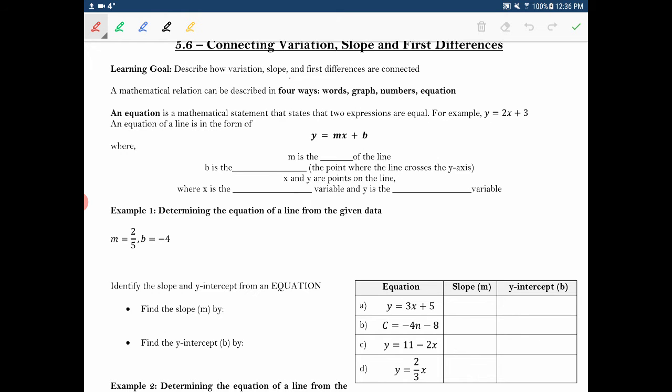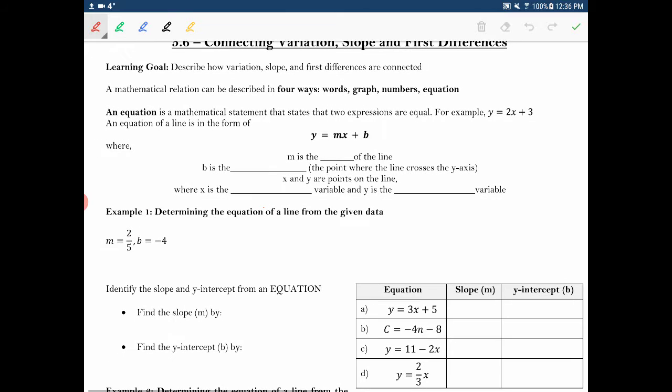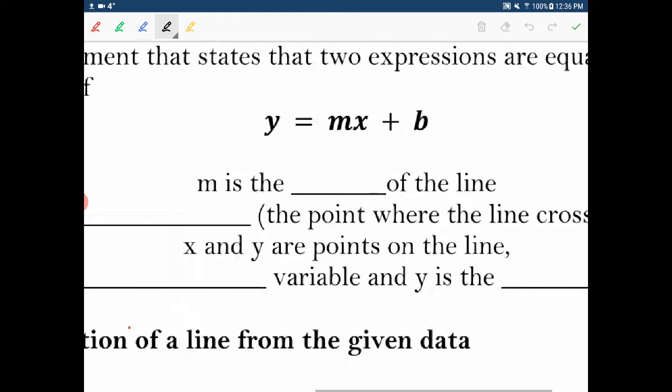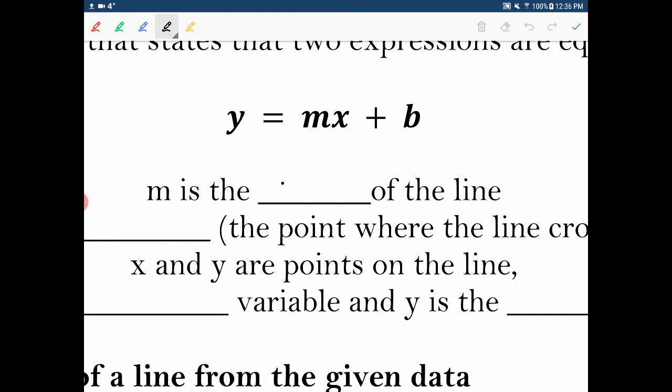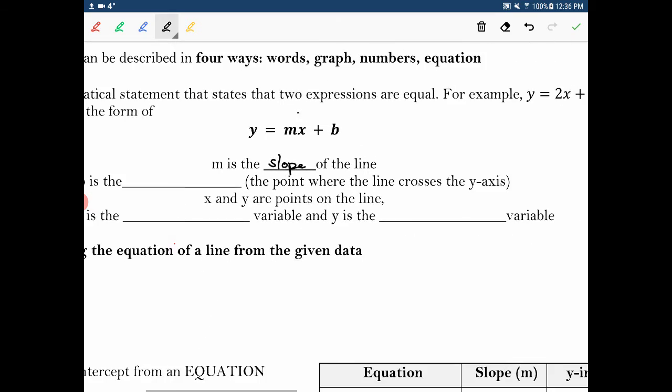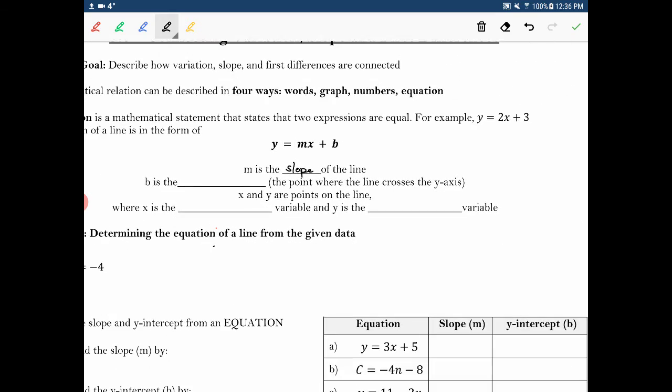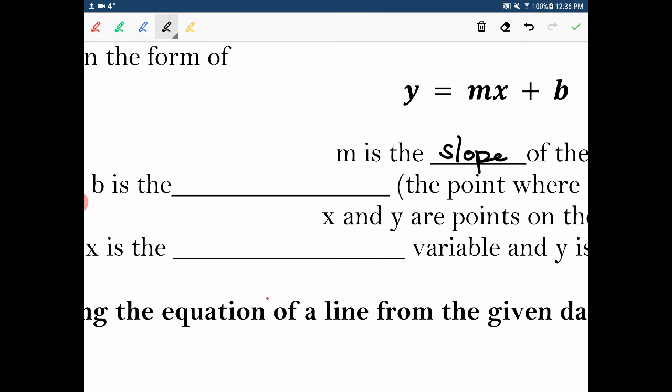All right, so I briefly touched on that when we talked about partial variation, that this is what it will look like. Specifically, the m will be the slope of the line. So the m will be a number, and that will tell us what the slope of our line is. The b is the y-intercept.